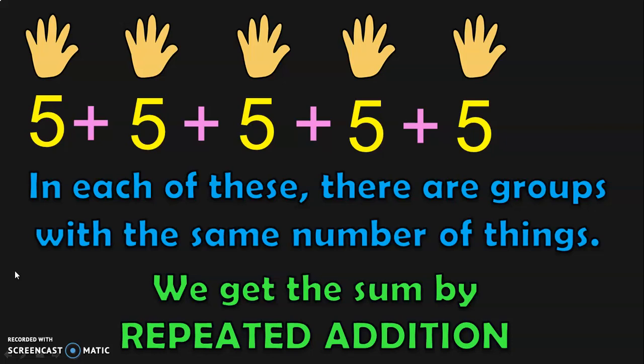In cases where there are groups with the same number of things, we do repeated addition. Now 5 plus 5 is 10, 10 plus 5 is 15, 15 plus 5 is 20, 20 plus 5 is 25. So we got the total sum by repeated addition to be 25.